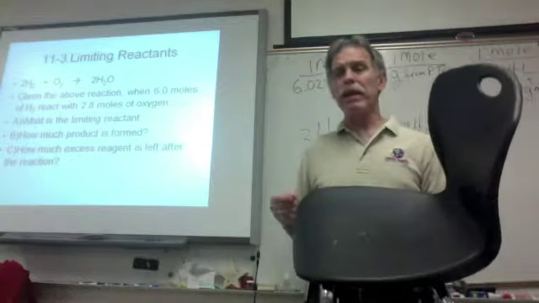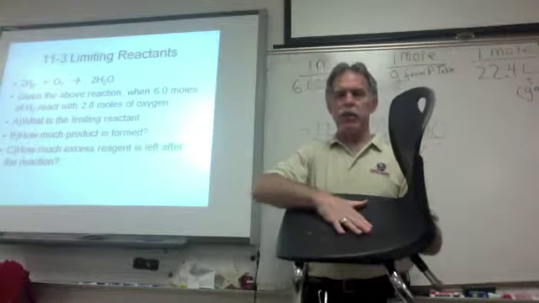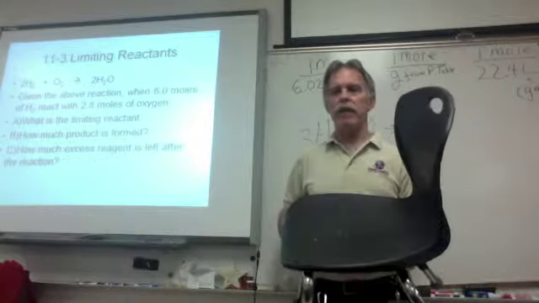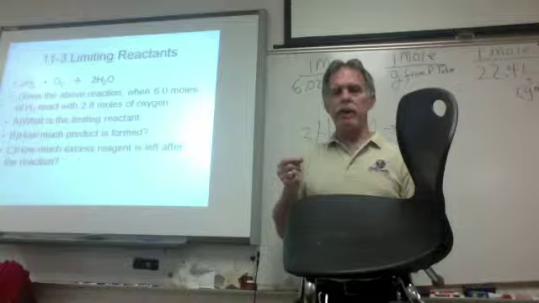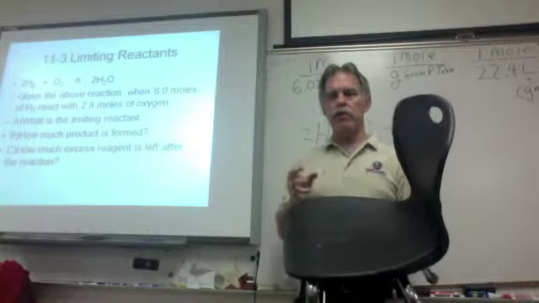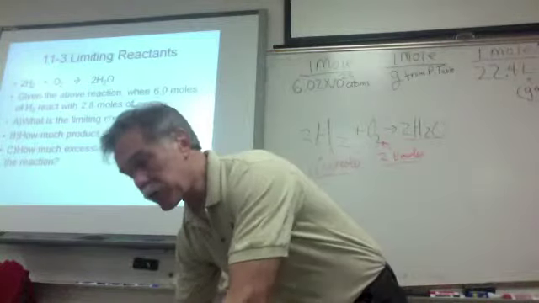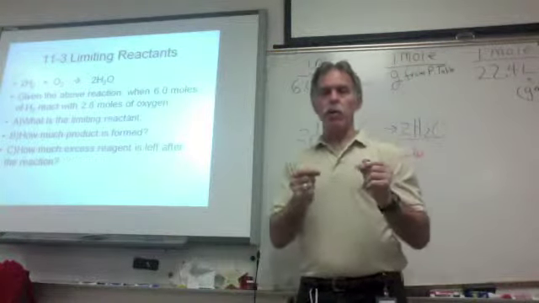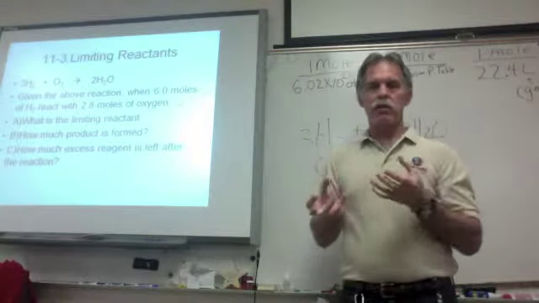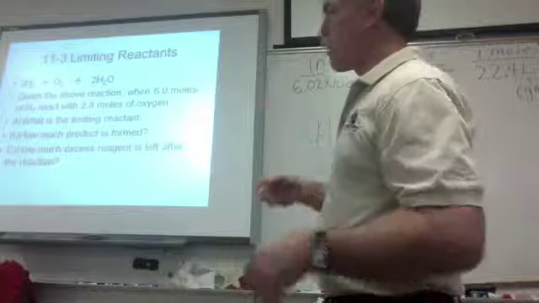In limiting reagent problems, they're going to give you how many plastic parts we have and how many legs, and they're going to ask you to figure both of those and come up with an answer for how many chairs we're going to make. So how do we know when we have a limiting reagent problem? They're going to give you 2 reactant amounts, so there are basically going to be 2 knowns. There are a couple of terms we need to be familiar with.